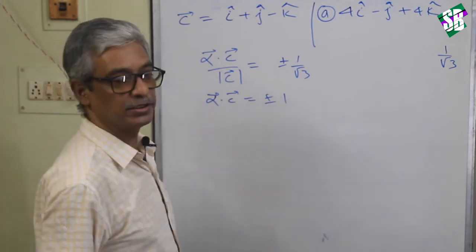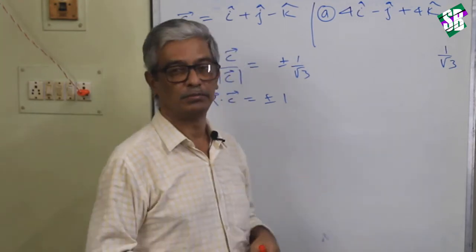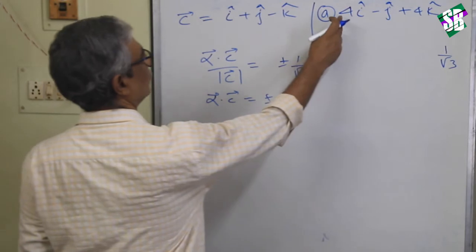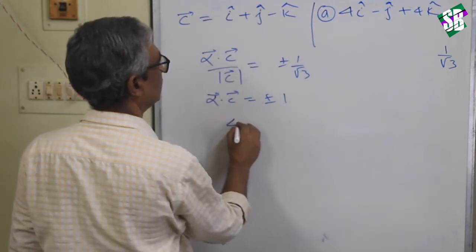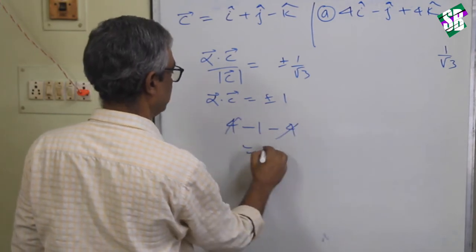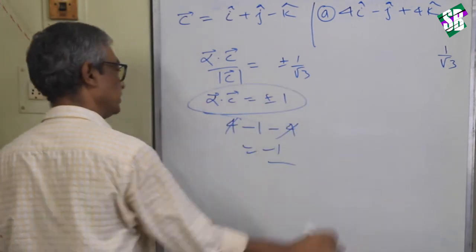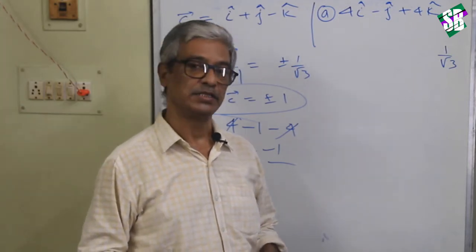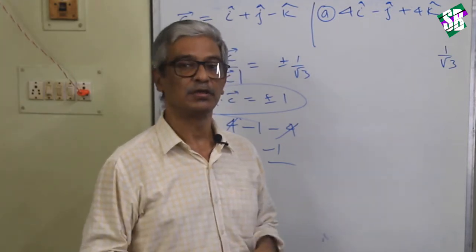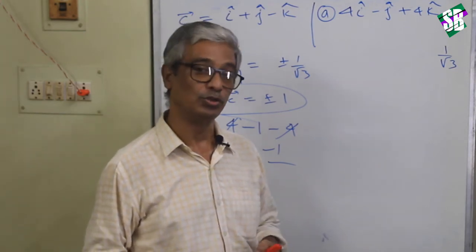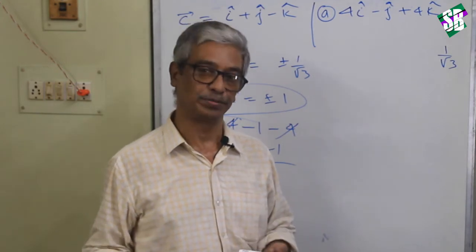Now just check the options. Take the first option: 4 into 1 minus 1 minus 4, so this is minus 1. So this condition is satisfied, and option A is correct. Since only one option is correct in this case, you don't need to check the other options.